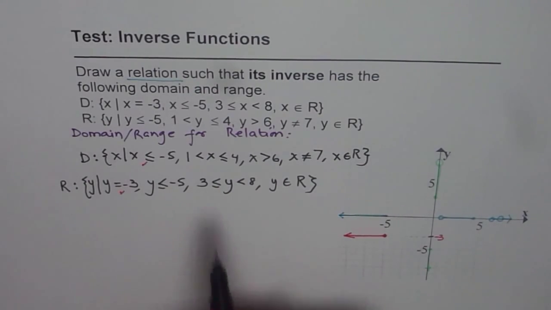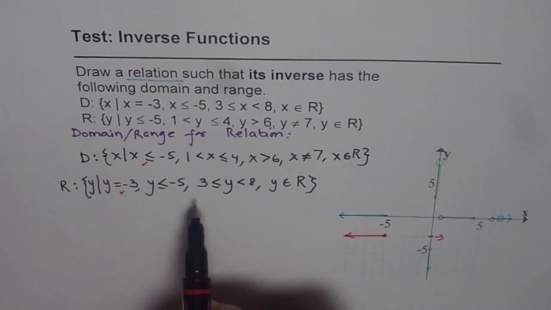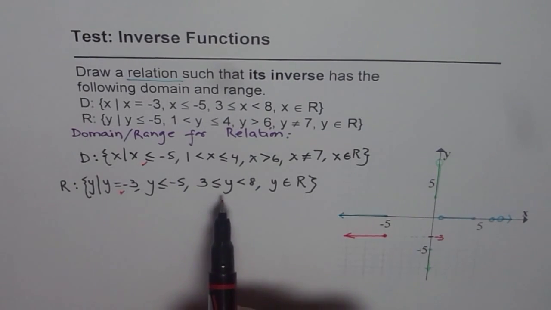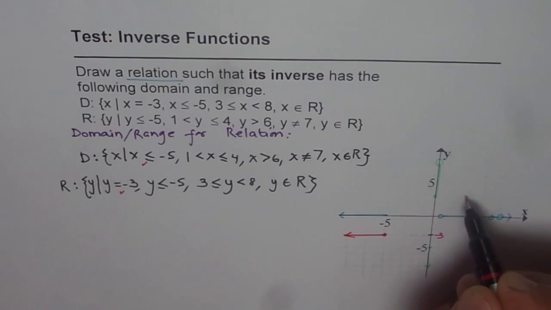So let's take 3 to 8 first, where 3 is included but 8 is not included. Okay, so we say y is between 3 and 8.